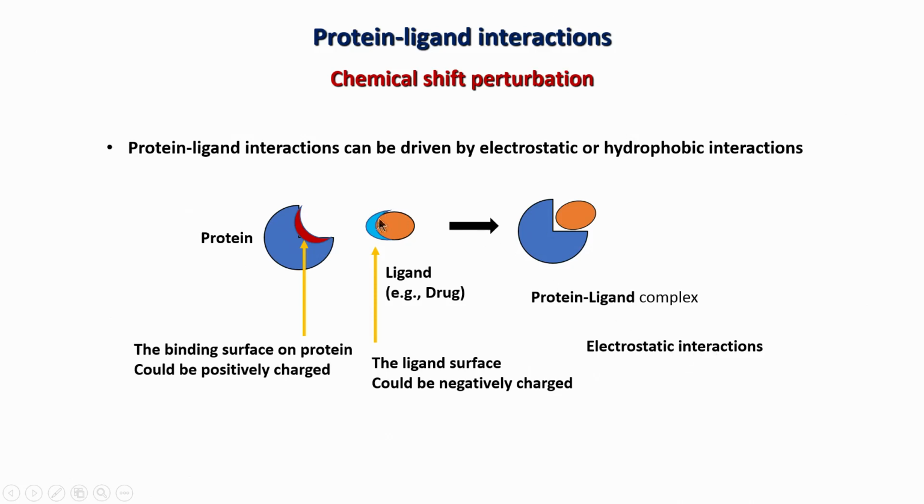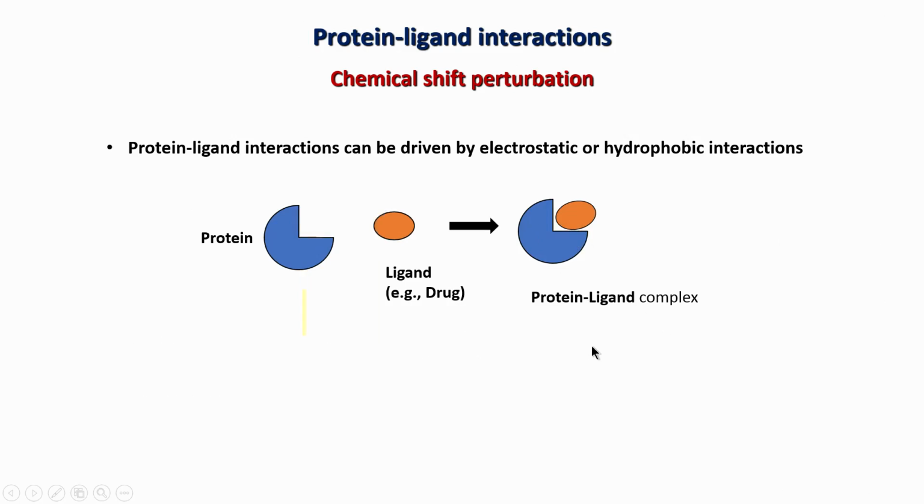That can be found out based on the charge of the surface where the ligand is binding, and based on the charge of the ligand. It can also be the opposite: this negatively charged and this positively charged. It could be opposite, but still the interaction is governed by the electrostatic interaction.